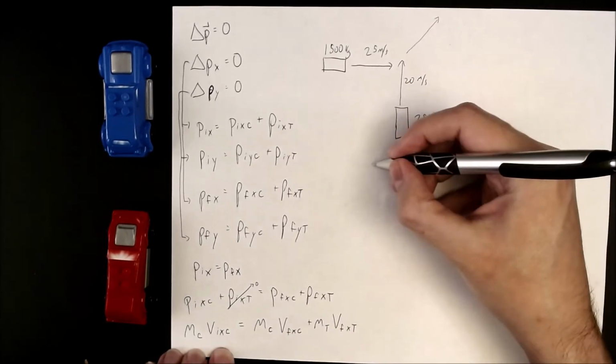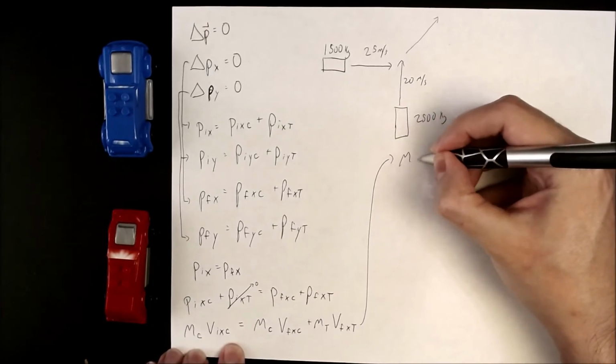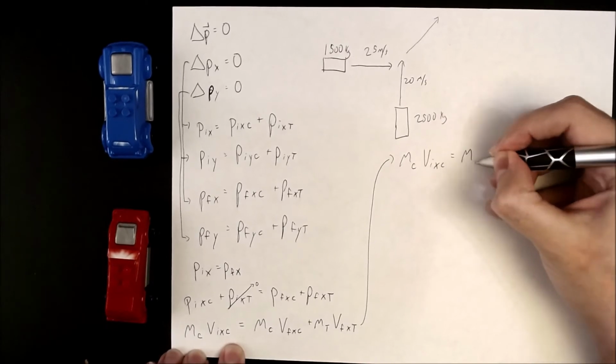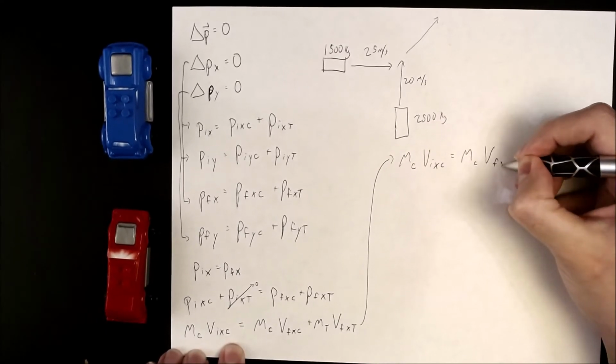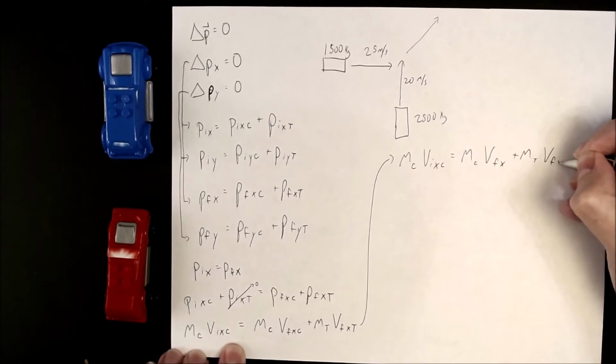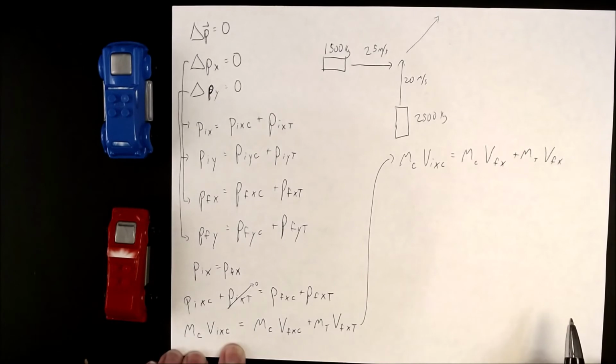But the x value will be different from the y value, of course. So we can say mass car velocity initial x car is equal to mass car velocity final x plus mass truck velocity final x, the same final velocity because they've crunched together.